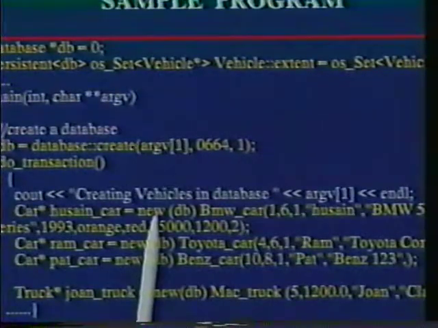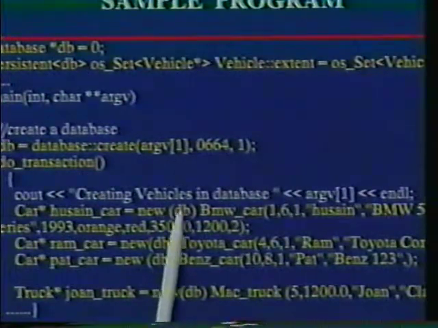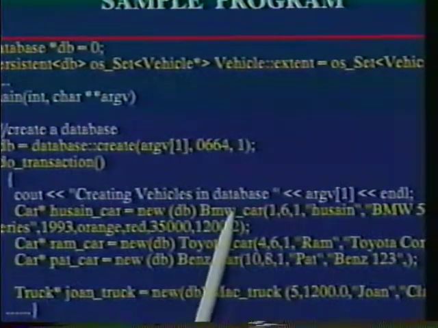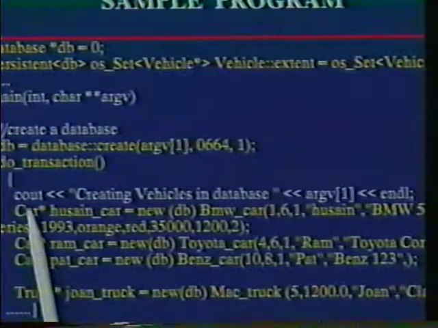In object store, they have modified this new by adding a db, some kind of a parameter or an argument. So now we send this new db, where db is the database that we are looking at, to this class BMW car, and then that is equated to Hussein car, and it's of the type car.